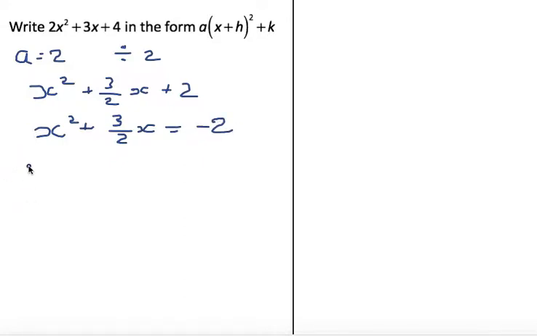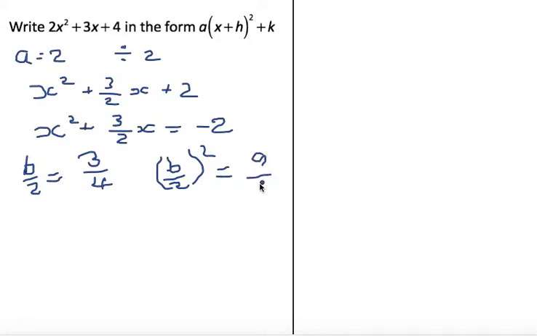Okay, next I want to write down b over 2, which I'm going to use this b, not the b up here, the b that I've started completing the square with. So that's going to give me 3 over 4. And I also want to write down b over 2 squared, which is going to give me 9 over 16.